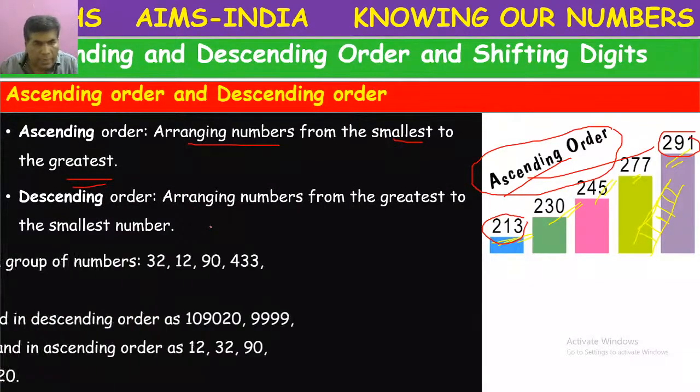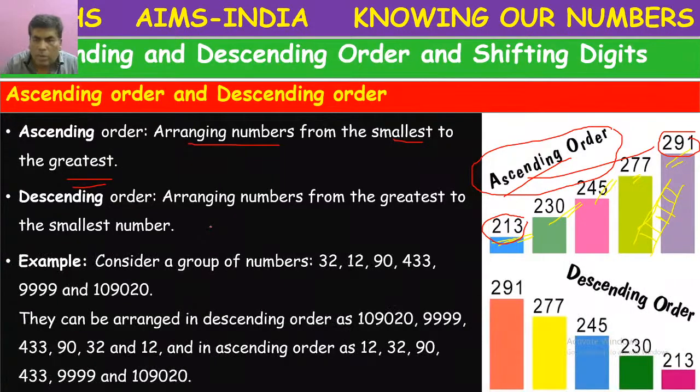What about descending order? Descending order means climbing down, from largest value to smallest value. Writing the values from largest to smallest, in reverse order, we call it descending order. So descending order is the reverse of ascending order, arranging numbers from greatest to smallest.